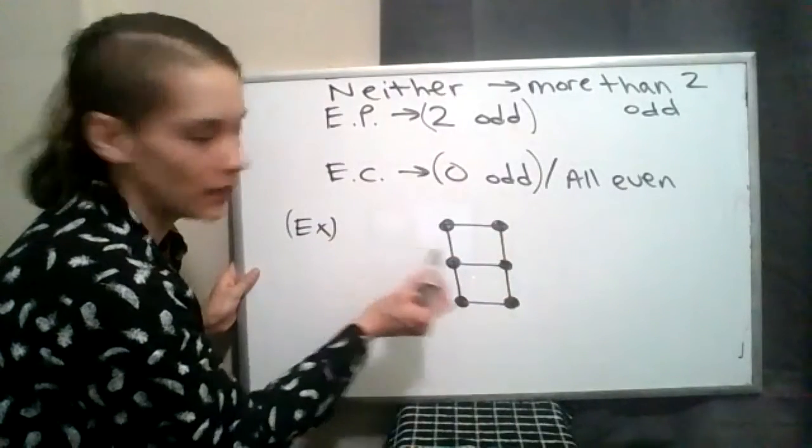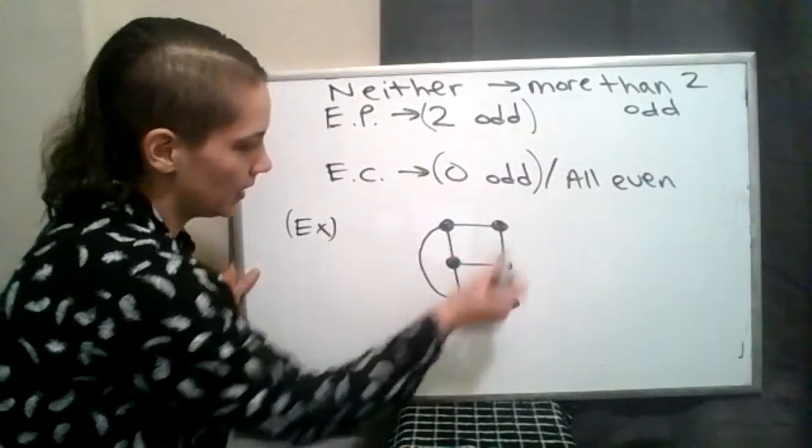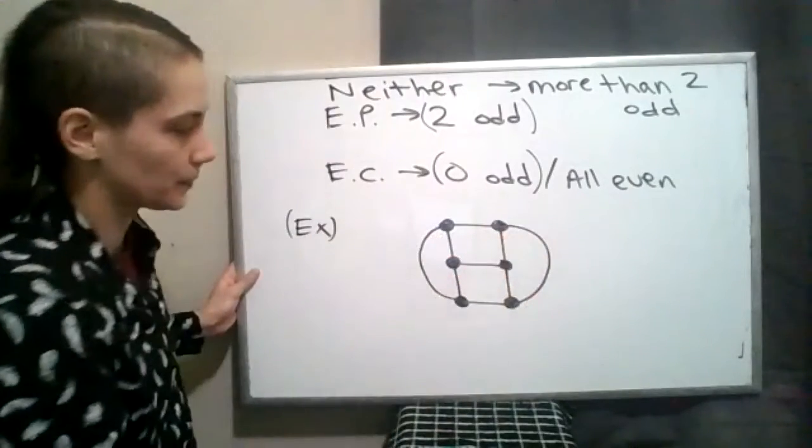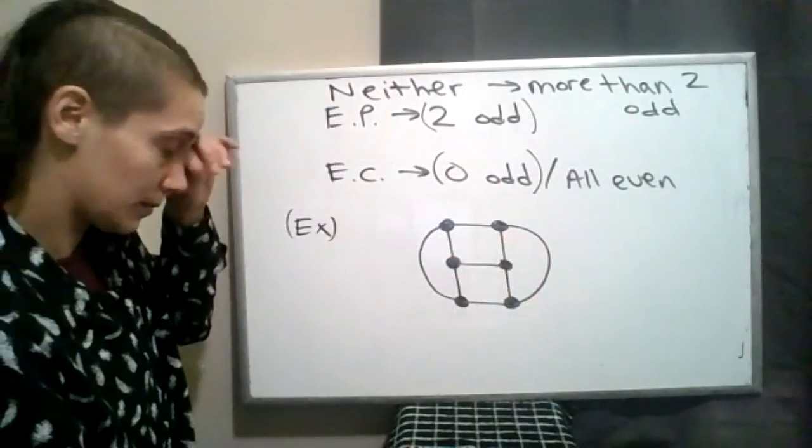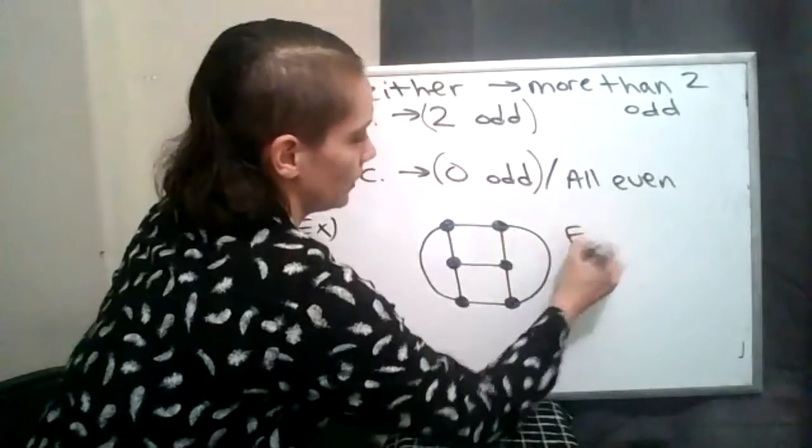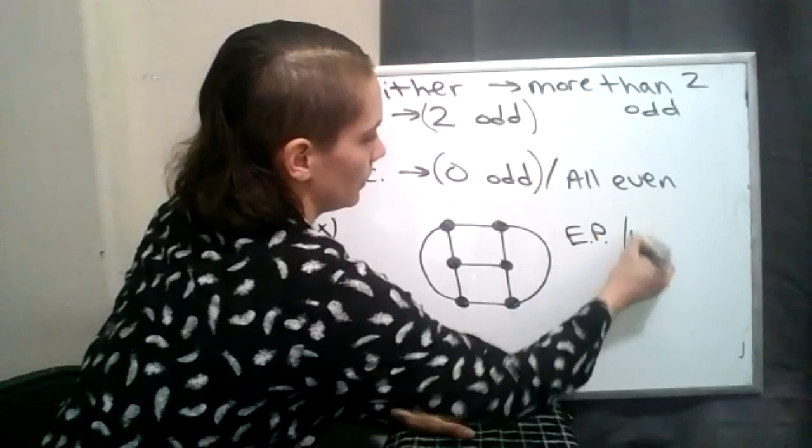And we're going to put an edge that kind of bends along the side and this side too. Euler path or circuit.